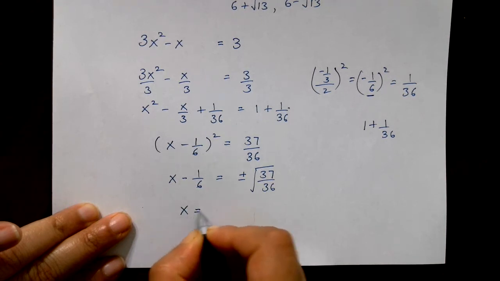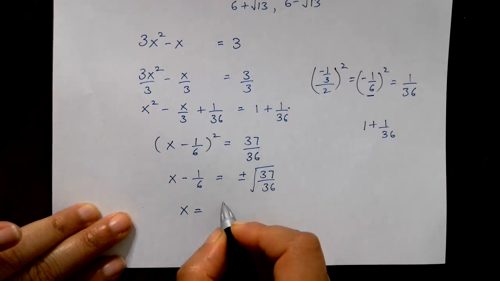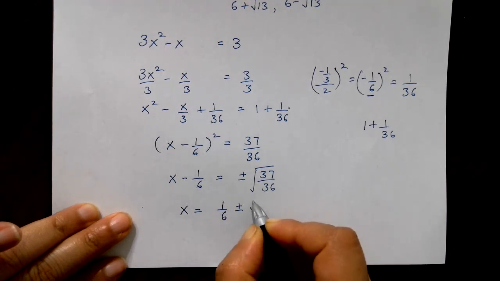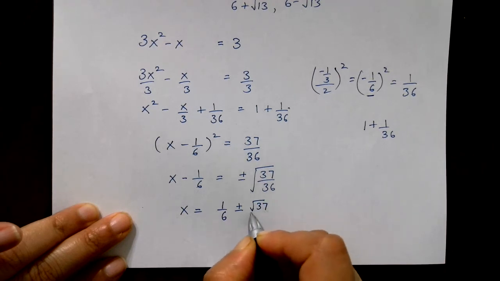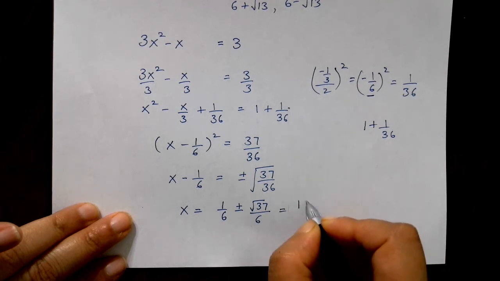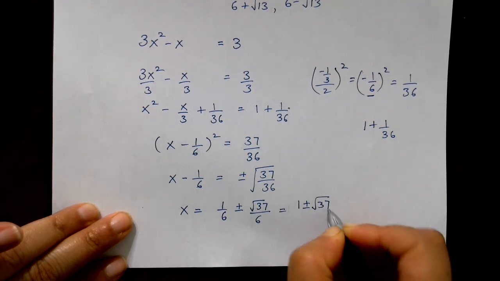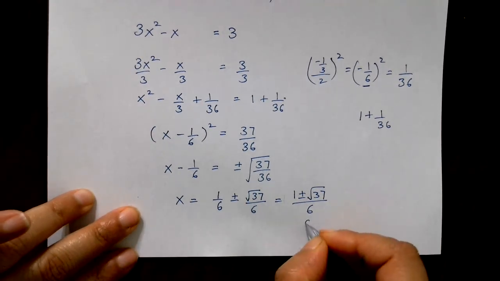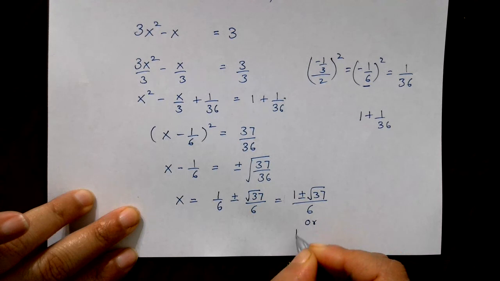So this gives you x equals 1/6 plus or minus the square root of 37 over 6. Or it's 1 plus or minus the square root of 37 over 6. Or the other form would be 1 plus the square root of 37 over 6 and 1 minus the square root of 37 over 6. Hope that helps.